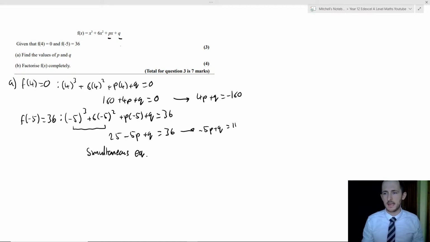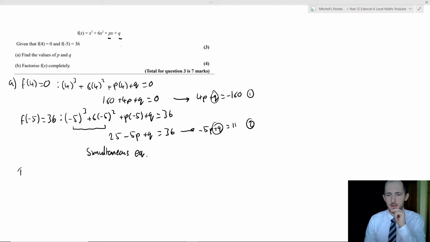Okay, so we can label these 1 and 2, and I can do something with 1 and 2 to make one of the unknowns disappear. So if I look at these two equations, I have 4p and q, and I have minus 5p and q. Q is common between both of them, so I can subtract these two equations, and that will give me one variable, one unknown.